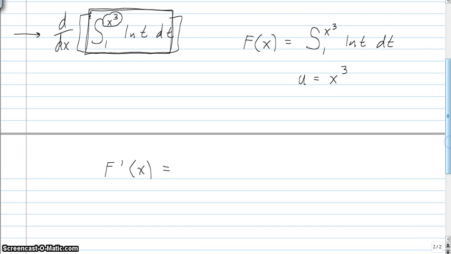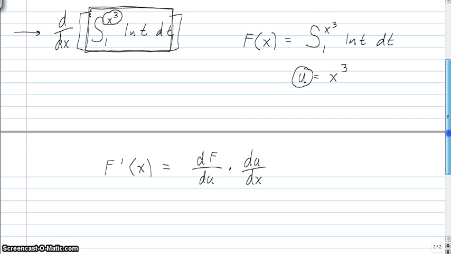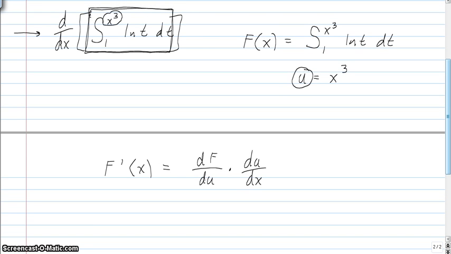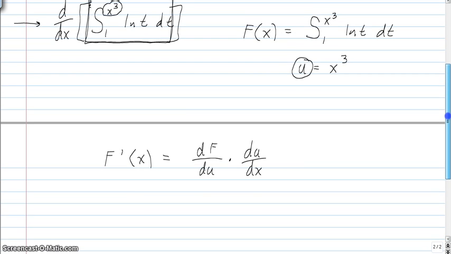And since this is a composite function, where our inside function is now u, by the chain rule, we're going to take the derivative of our outside function with respect to u and multiply that by the derivative of the inside function. Ultimately what we're calculating here is the derivative of capital F with respect to x. So let's see.